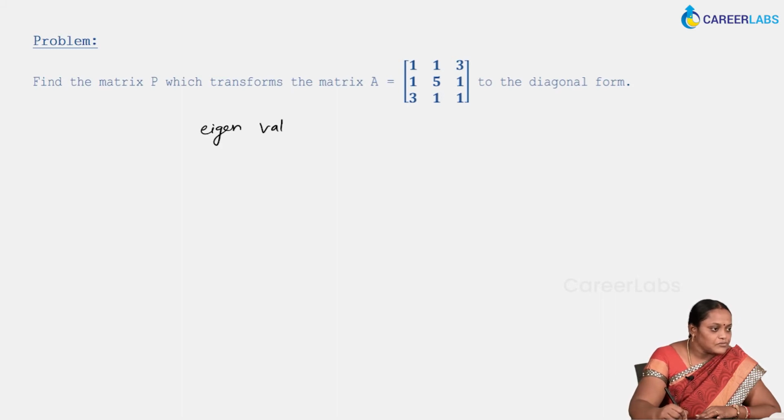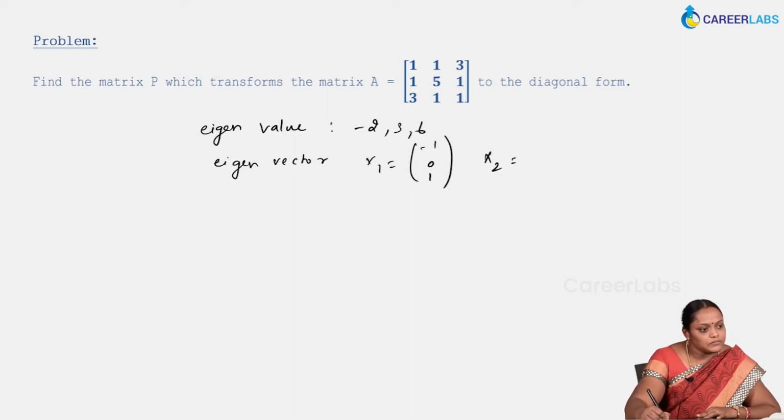The eigenvalues for this problem are -2, 3 and 6, and the eigenvectors are x1 equal to (-1, 0, 1), x2 equal to (1, -1, 1) or (-1, 1, -1), anything, this is a scalar multiple, and x3 will be equivalent to (1, 2, 1).